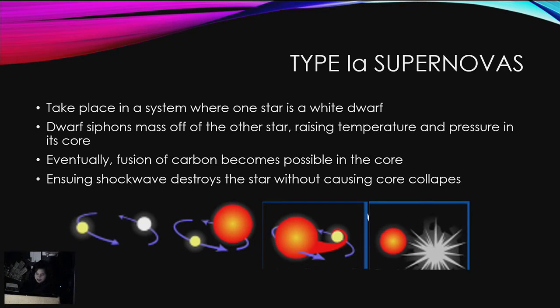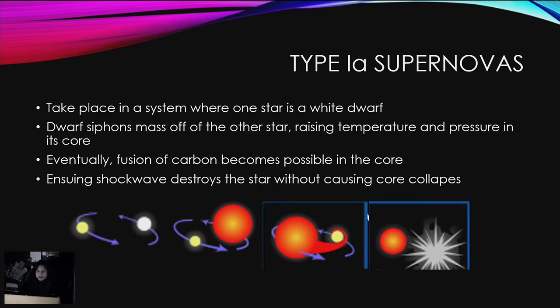In, I think, I wrote it down, a few seconds, a substantial amount of the carbon and some oxygen in the white dwarf is fused immediately, which releases a massive amount of energy, as you might expect. And it releases so much energy that the star itself can't hold itself together. And so the restarting of fusion in the core of the white dwarf sends out a shockwave that explodes the star.